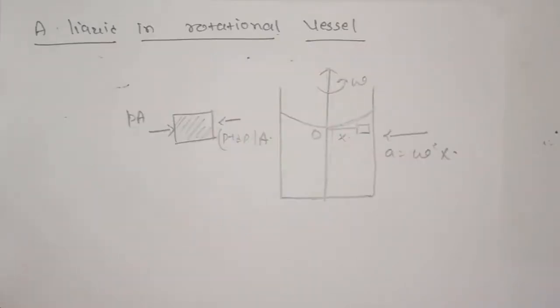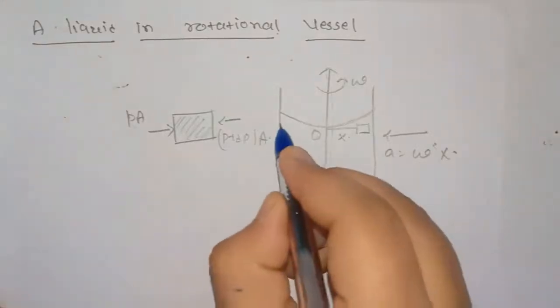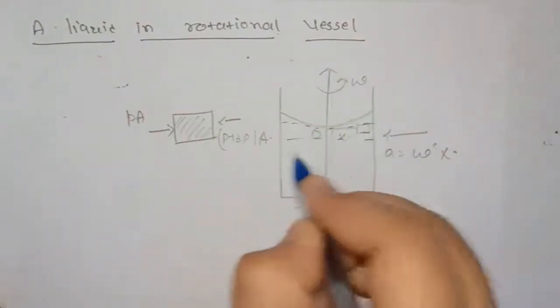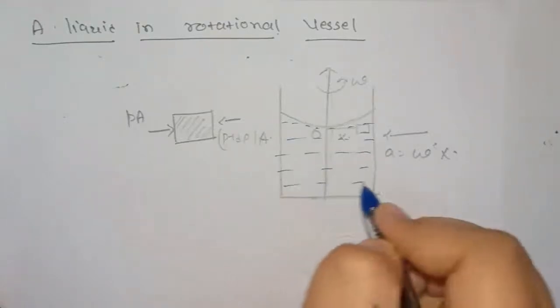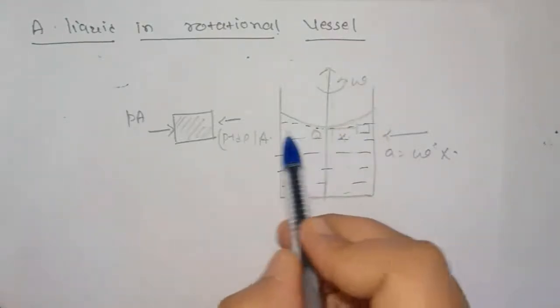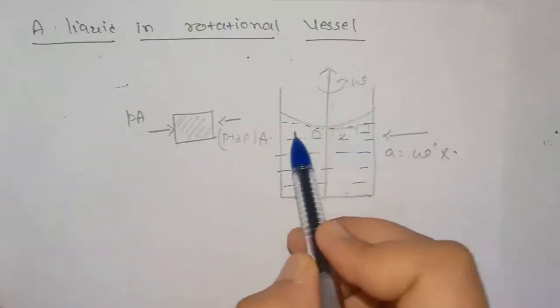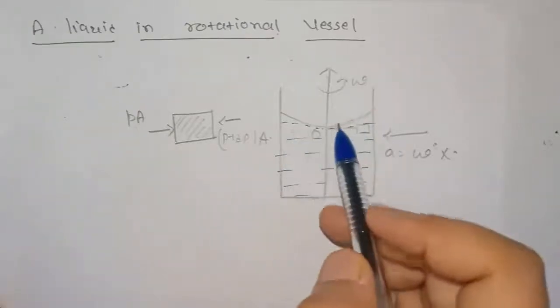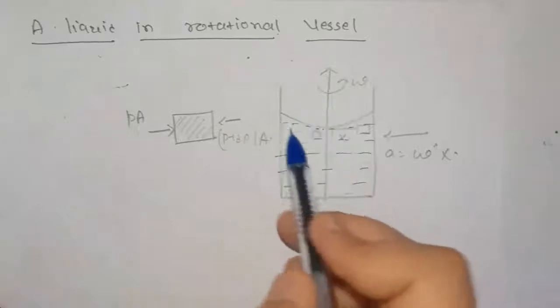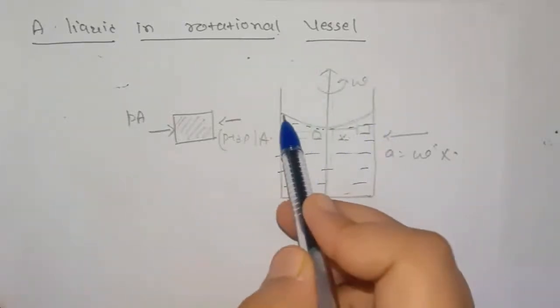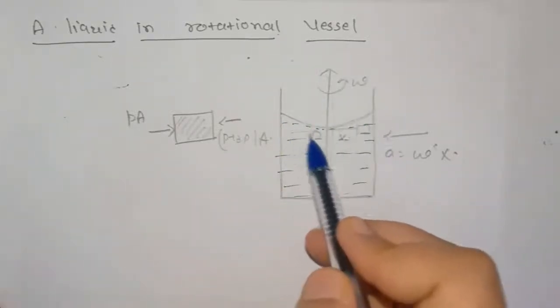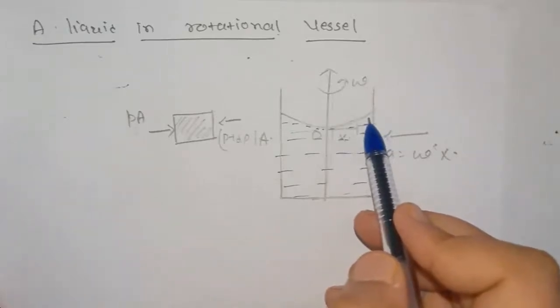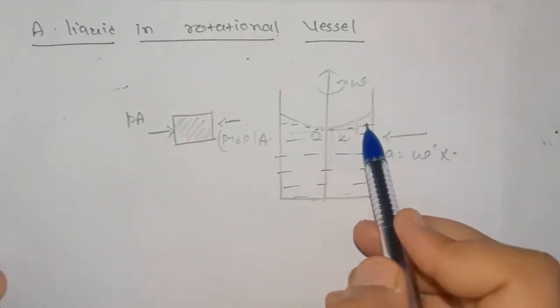Now, a liquid in a vessel is rotating about some axis. We want to find the pressure difference at different points due to this rotational motion. Initially, this surface at rest would have been horizontal, but due to rotation, the surface level at the sides will increase, and due to this there will be some pressure difference.